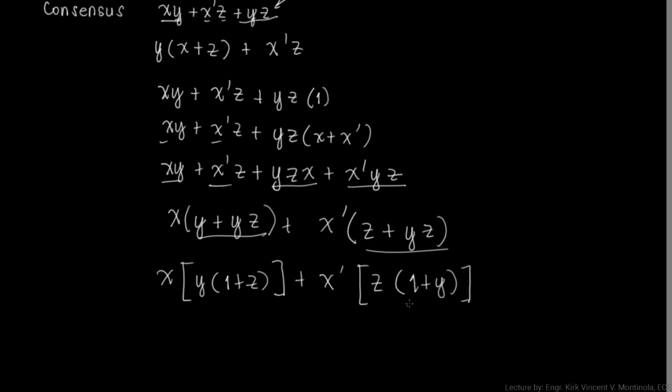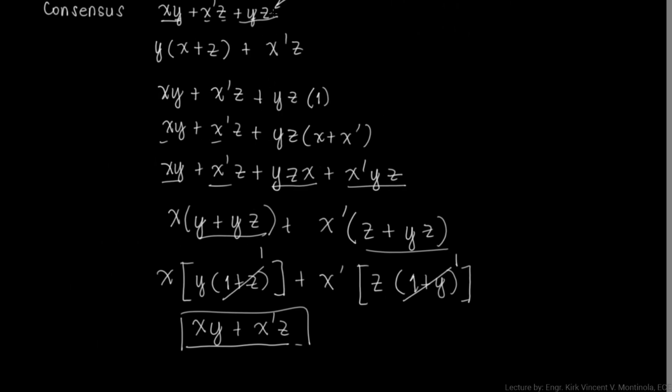We know that any value of y results in 1 plus y always being 1, and this one is always 1 also. So that leaves us with xy plus x prime z, which is the final answer. We reduced the literals from 6 to only 4.